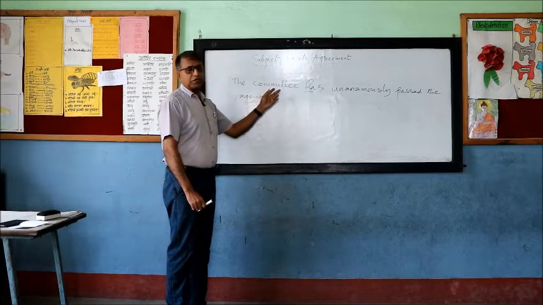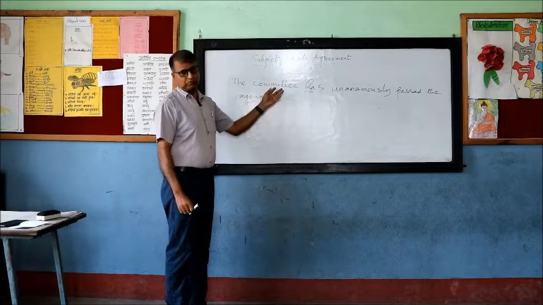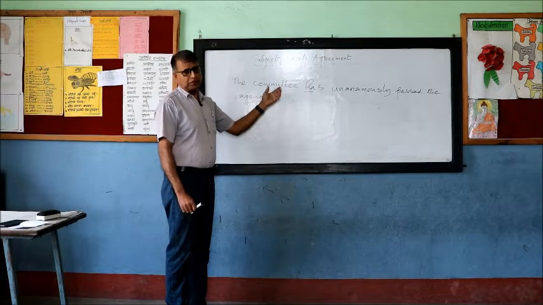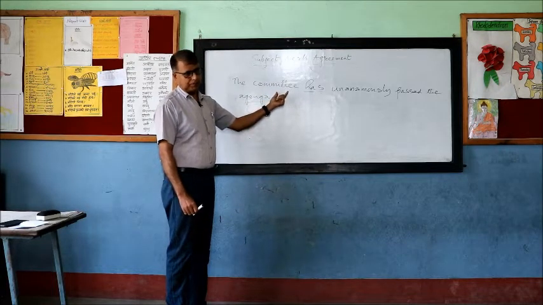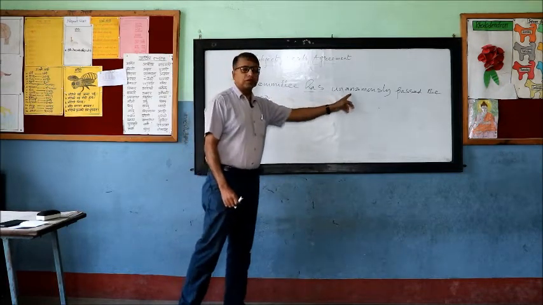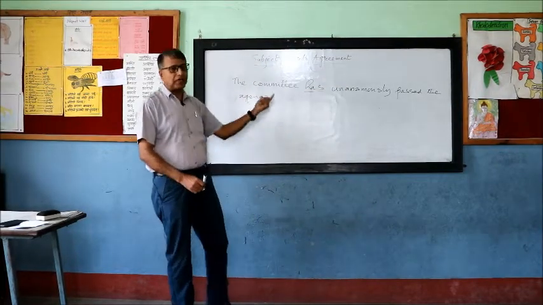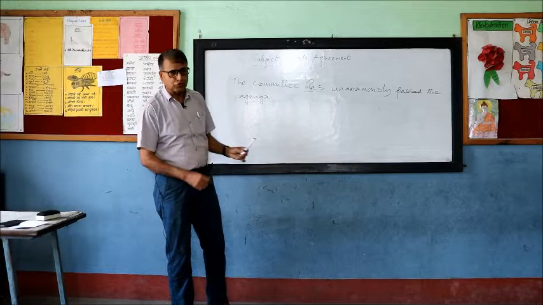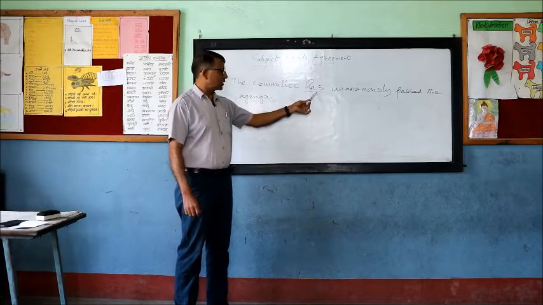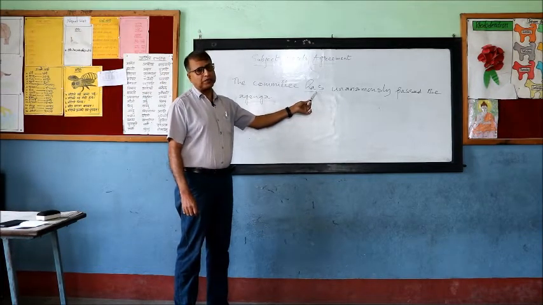Here, the committee can be taken as a whole. There is no division in the committee. This word clarifies that there is oneness in the committee. That's why we have used singular verb, which is has here.